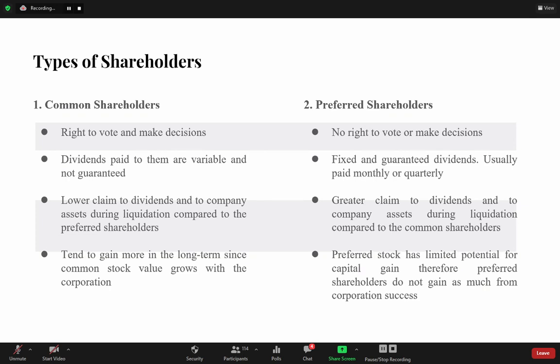The second difference is in terms of dividends. Dividends, as you've been told, are the money that's given to shareholders. On the side of common shareholders, dividends are variable, not fixed. At one time the dividends can be a lot, another time they can be little. And they're not regular.